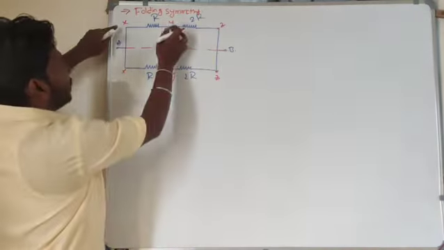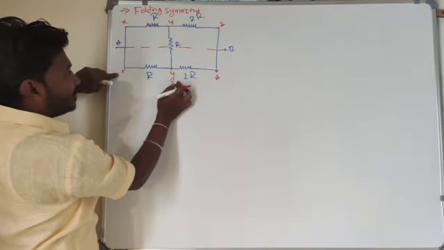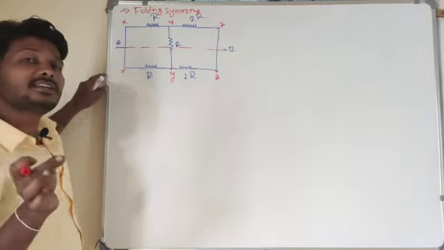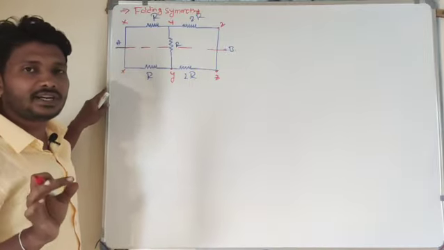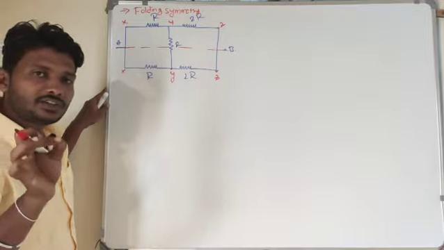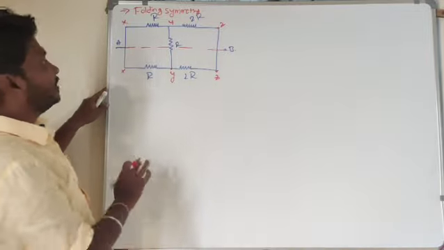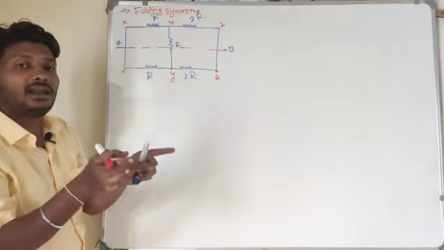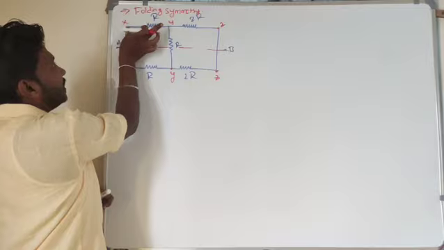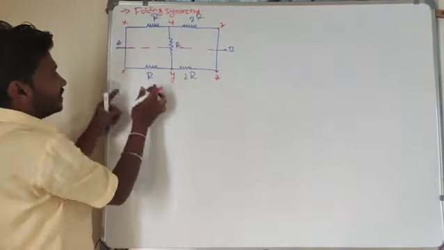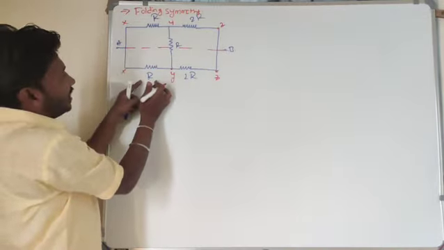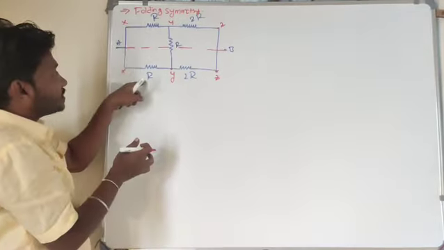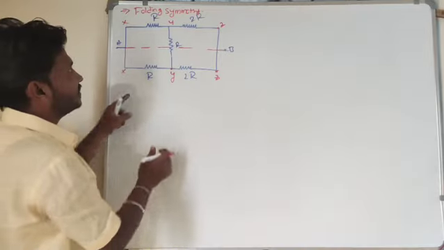So the potential between XY here and the potential between XY there will be the same. If the potential is the same, which quantity remains the same in parallel combination? In parallel combination the potential difference remains the same. So this R and R are in parallel combination. Did you get my point? Between X and Y resistance R is there, here between X and Y resistance R is there. So the potential is the same, meaning these two R and R are in parallel combination.